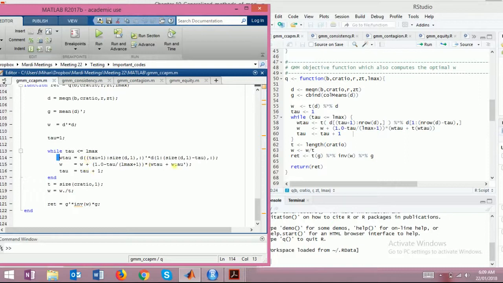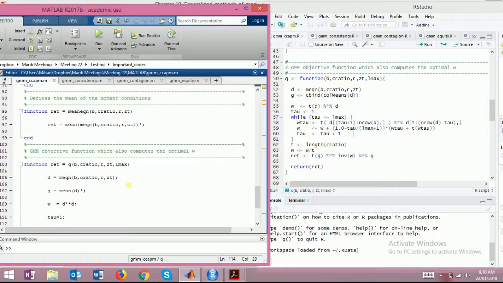Tau, now omega tau is tau plus 1 to size D1 transpose for all rows, then 1 to size D1 minus tau. This is kind of like a lag system. Tau plus 1 to size D1, then size D1 minus tau, so the dimensions match. Omega is omega plus 1 minus tau by L max multiplied by omega tau transpose.